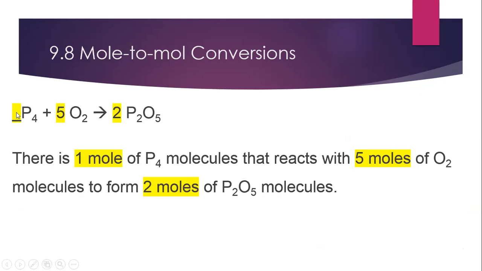When there's no number in front, that's just an understood 1. 1 mole of P4 reacts with 5 moles of O2, and when they react, they form 2 moles of P2O5 molecules. And so we're using these numbers as ratios. So this is a 1 to 5 to 2 ratio. If I were comparing these two, 1 to 2, or 1 to 5, you can make different ratios depending on which area you're comparing.